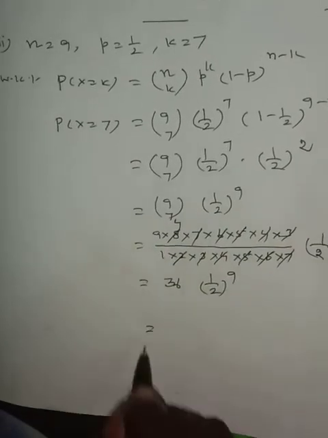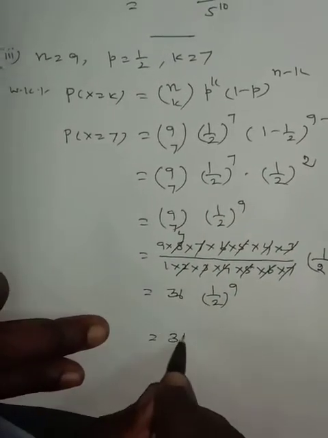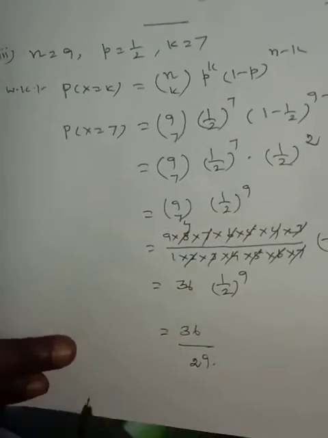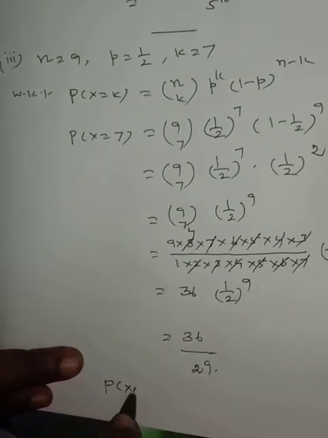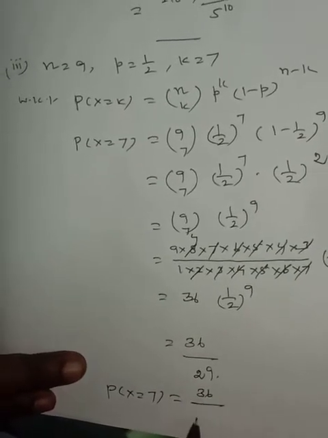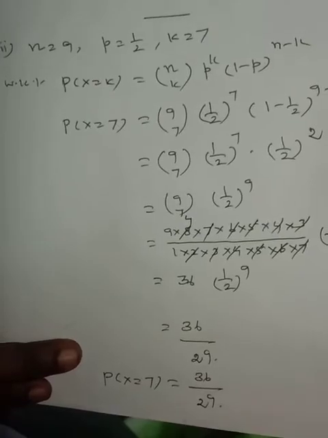This can be written as 36 divided by 2 to the power of 9. This is P of x equal to 7: 36 divided by 2 to the power of 9.